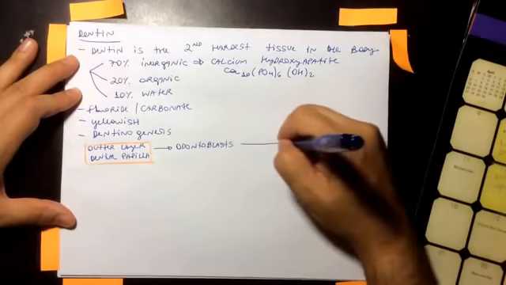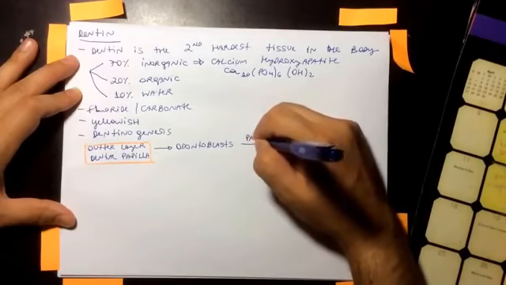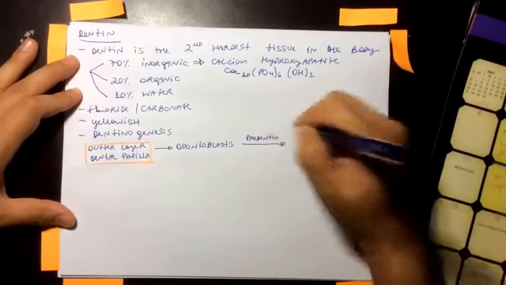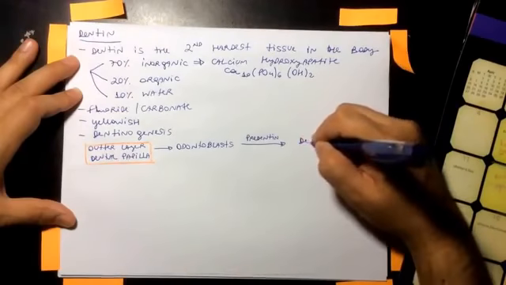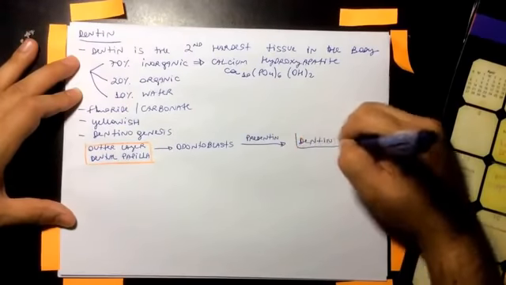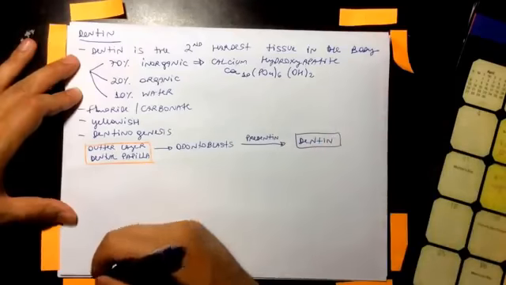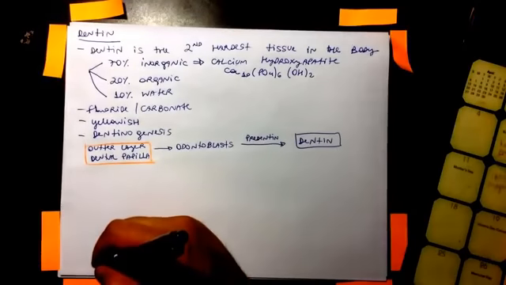Odontoblasts are going to produce predentin, which is their matrix, right? And predentin, when it gets mineralized, becomes dentin. Very, very simple process.